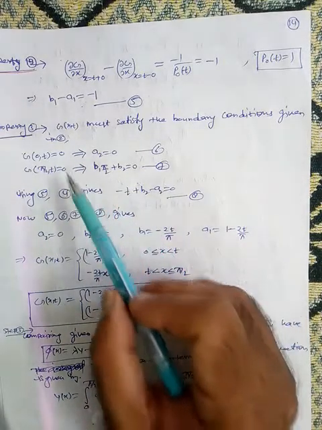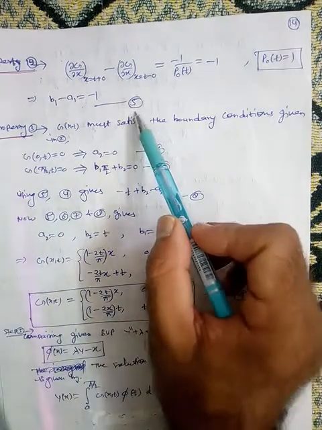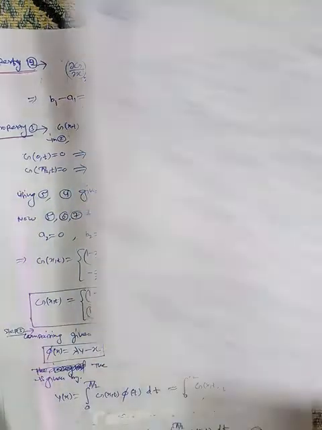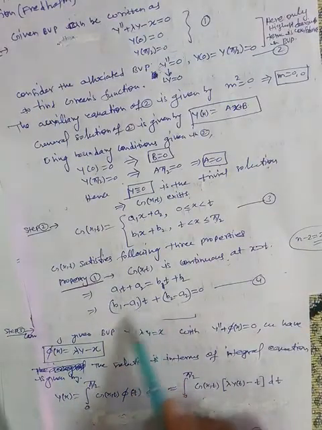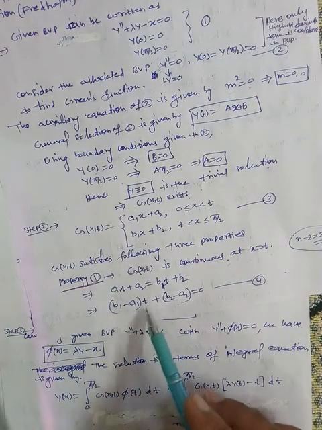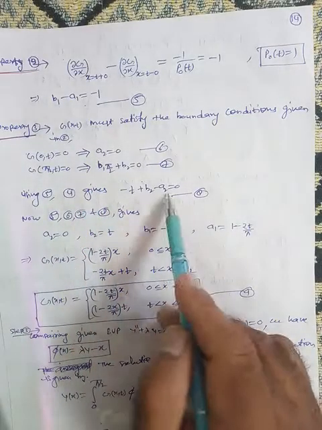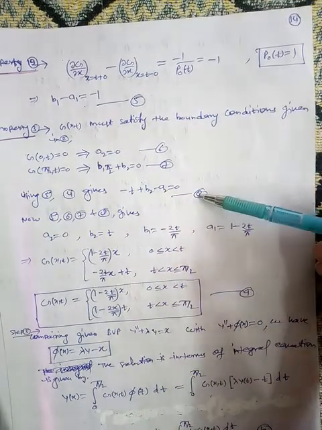Now using equation 5 in equation number 4, put this value as minus 1. So we get minus t + b2 - a2 = 0. This is equation number 8. Now solve 5, 6, 7 and 8.